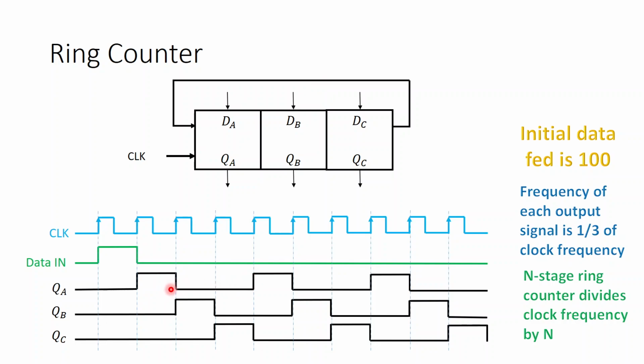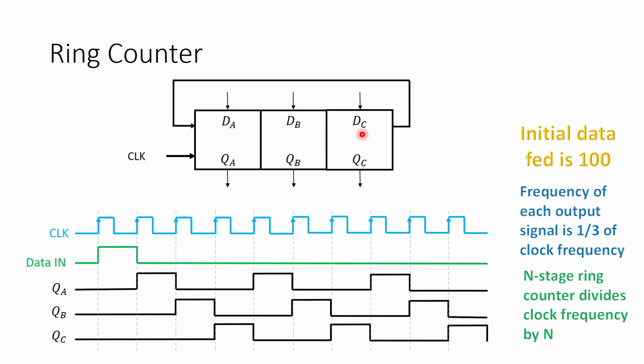What we observe is that whatever word we have fed takes 3 clock cycles to repeat itself, no matter from where you are reading it. You can read it from QA, QB, or QC. It takes 3 clock cycles to repeat itself, 3 being the number of flip-flops in the shift register.